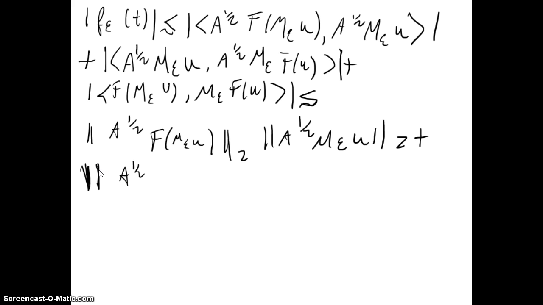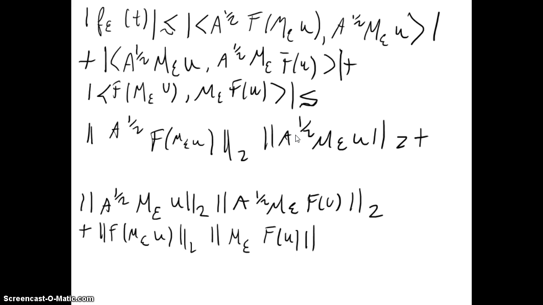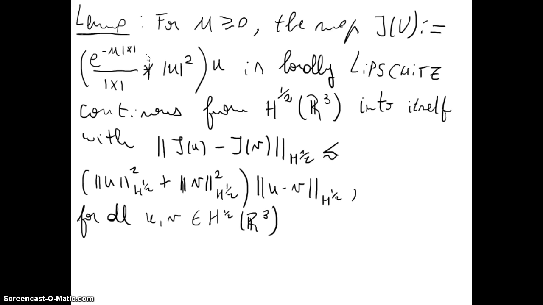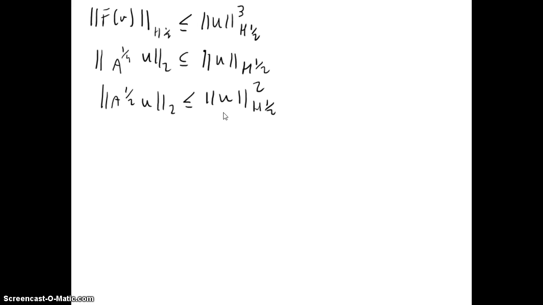Now we use the first lemma, so we can bound f of u by this bound from Lemma 1. This is just using the Lipschitz property and the Riesz potential, and we will use that.